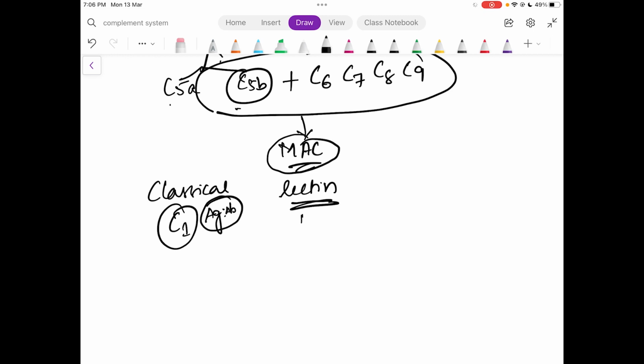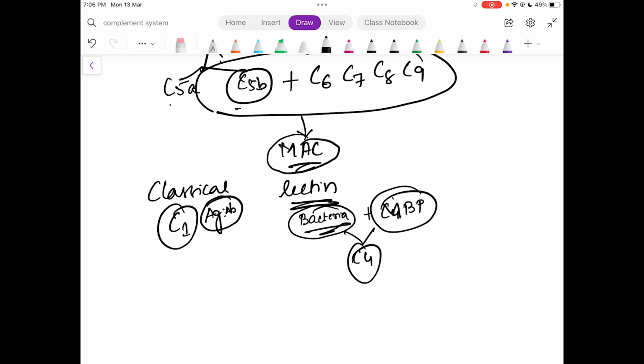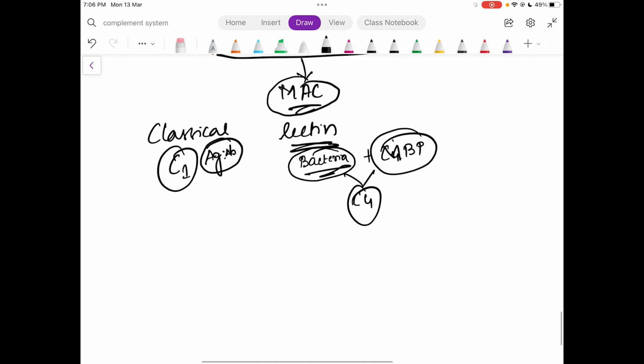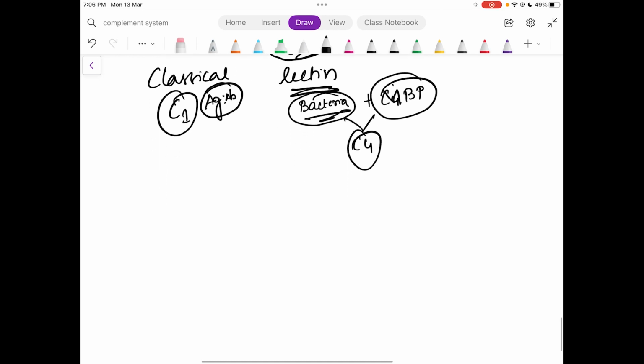Here, directly bacteria, which is having a lipopolysaccharide, is combining with MBP, and they are activating C4. C1 is not involved in lectin pathway. It directly starts from C4. In classical pathway, it will start from C1. That is the difference between classical pathway and lectin pathway.